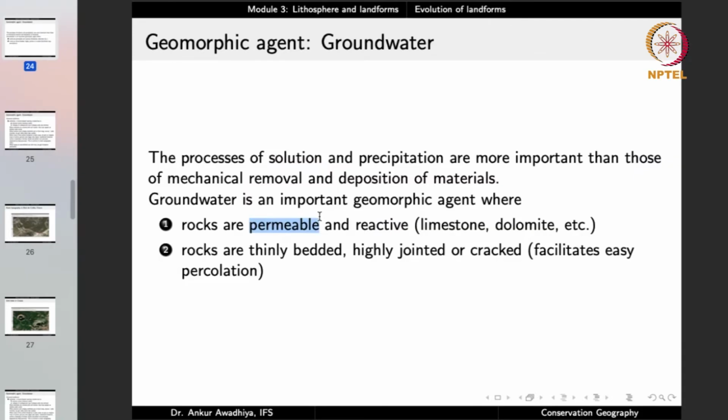And so groundwater is an important geomorphic agent where you have rocks like limestone and dolomite. Now these are typically calcium carbonate, and in the case of calcium carbonate, if the water has a slight bit of acidity, then solution becomes a very easy activity. As soon as you have a slight amount of basicity in the water, precipitation will happen, and so solution and precipitation both are easy to do.